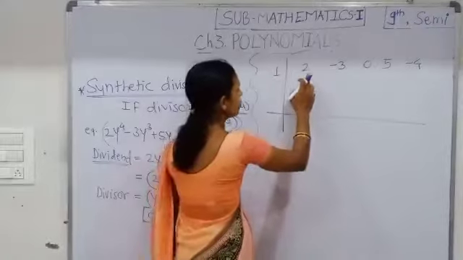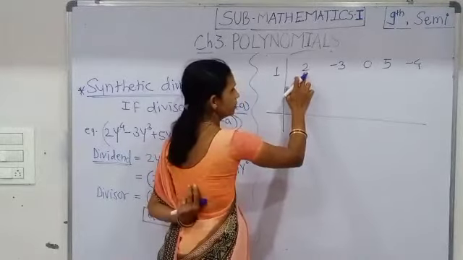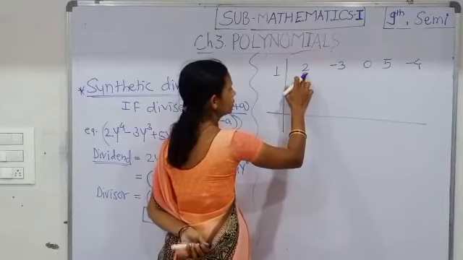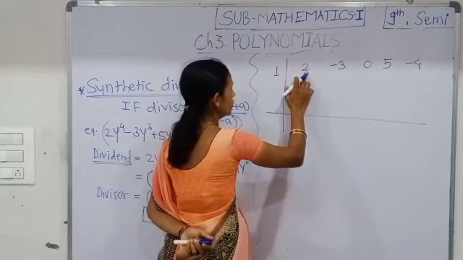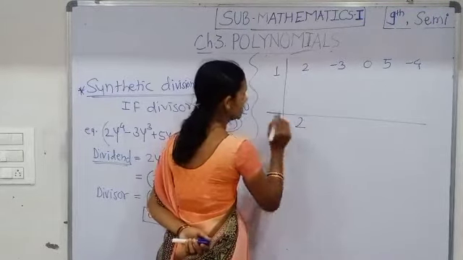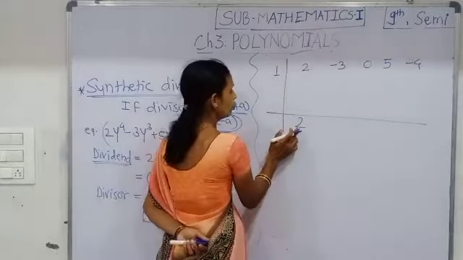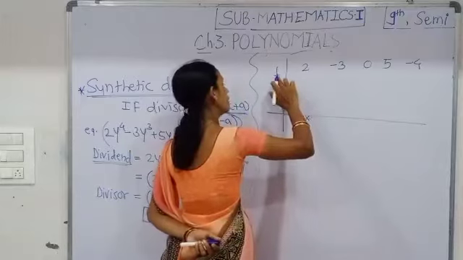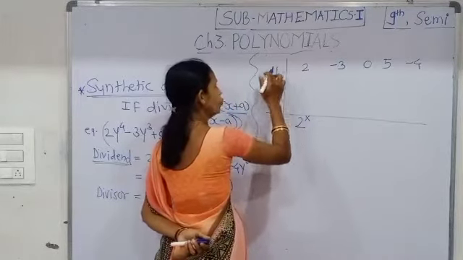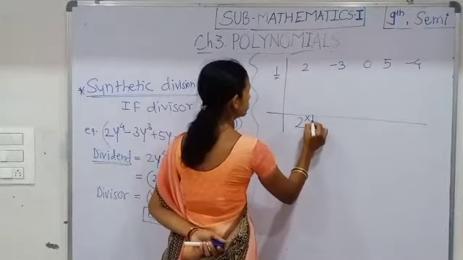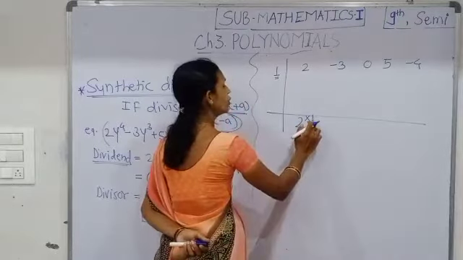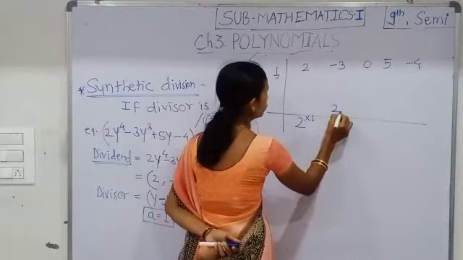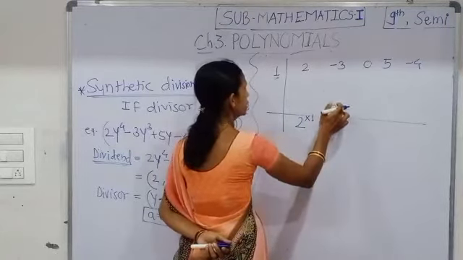The first coefficient of the dividend polynomial is written as it is. Then we multiply that 2 by 1, the value of a. So 2 into 1 is 2, and we write it here.